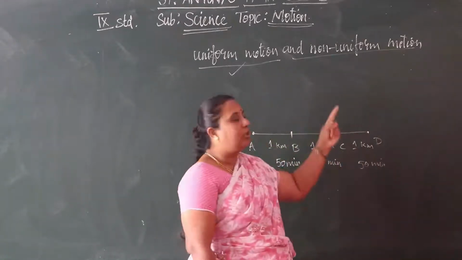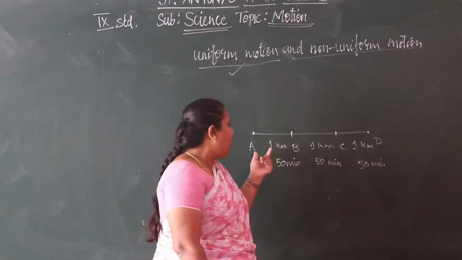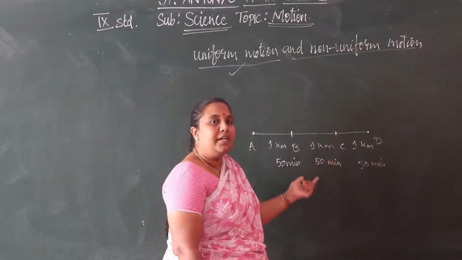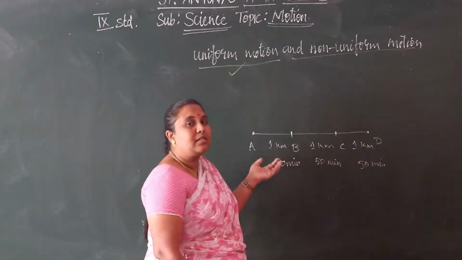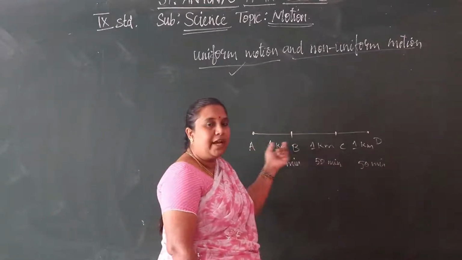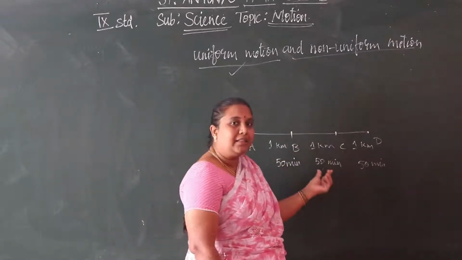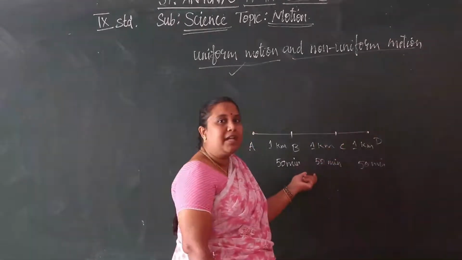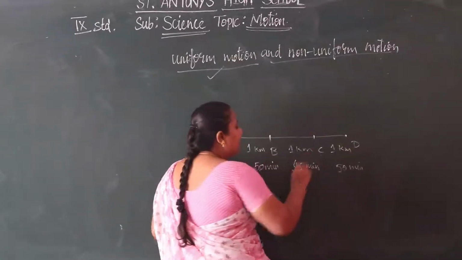Now on to non-uniform motion. What is meant by non-uniform motion? A body travels the same distance in different intervals of time. Here we can take the body as a vehicle. A vehicle is traveling from A to B, it takes 50 minutes. And B to C, the distance is the same, but the time taken is how much? It takes 45 minutes, less than the first.